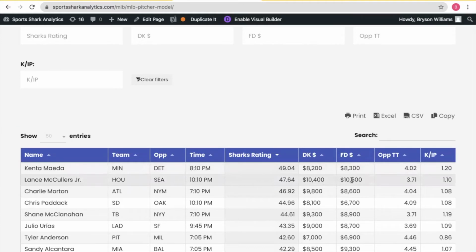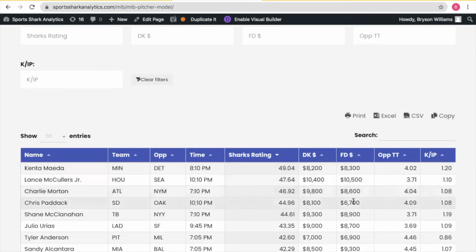But mind you, if you were playing one-pitcher sites, I would have centered my lineups around Mediya, Martin, or Paddock. And I say this because Paddock and Martin, even though their Sharp rating is less than McCullers, their value is actually a lot higher, because you're only losing less than half a point in Sharp rating between these two.